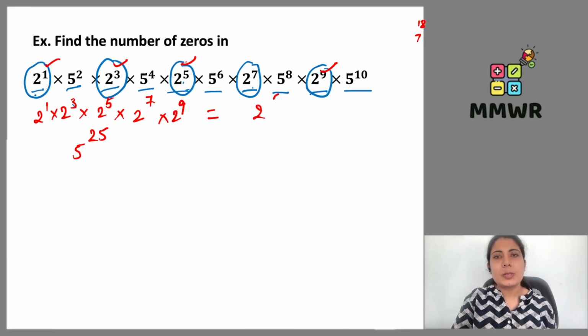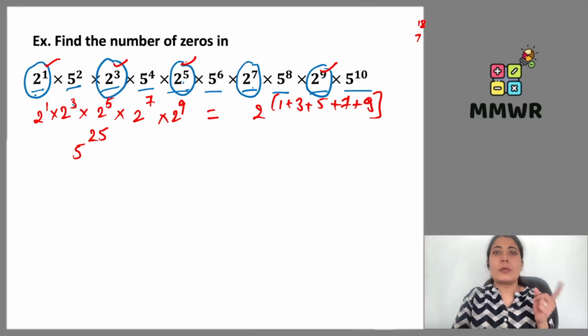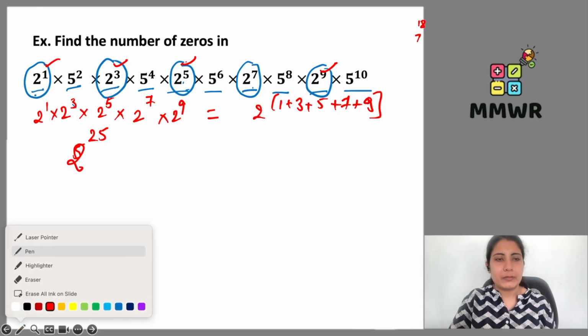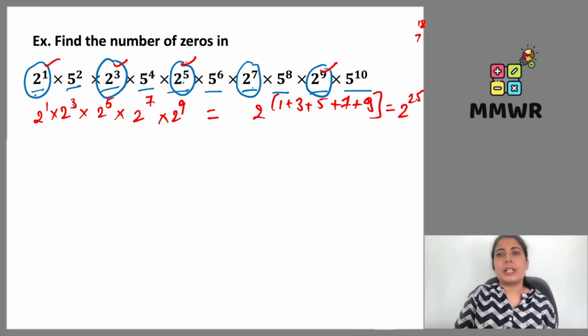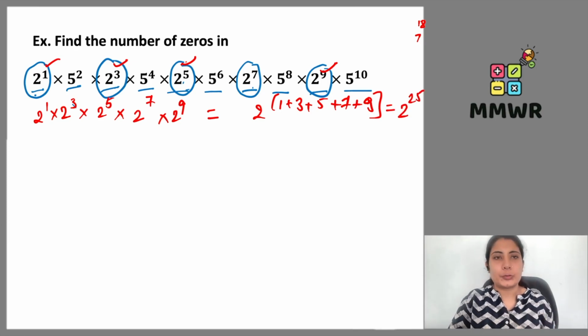And then this gives you 2 to the power 1 plus 3 plus 5 plus 7 plus 9. When you add it, you will get 9 plus 1, 10, 7 plus 3, 10, 10 plus 10, 20, 20 plus 5, 25. So this gives you 2 to the power 25, not 5 to the power 25. So from here, you will be getting 2 to the power 25 after simplifying this portion.